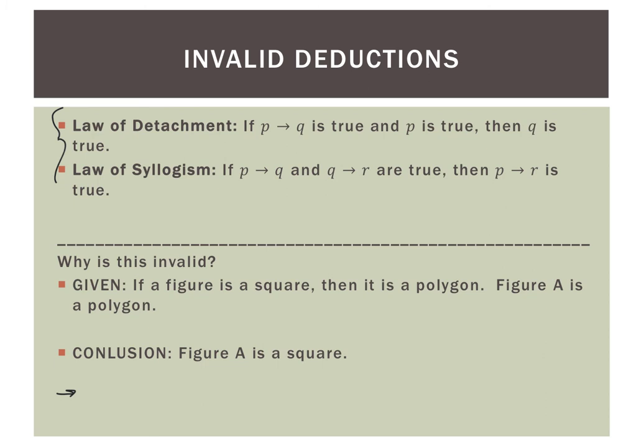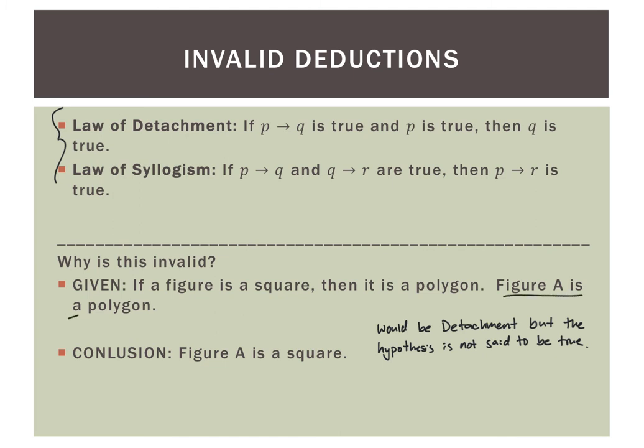And here we go. If a figure is a square, then it's a polygon. Figure A is a polygon. Therefore, I conclude that figure A is a square. Pause the video and see if you can figure out why it's invalid. And welcome back. Now, this example would be law of detachment, except that it doesn't say the hypothesis is true.